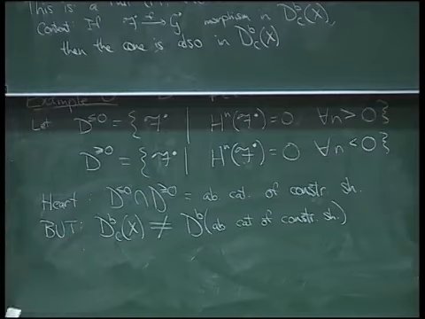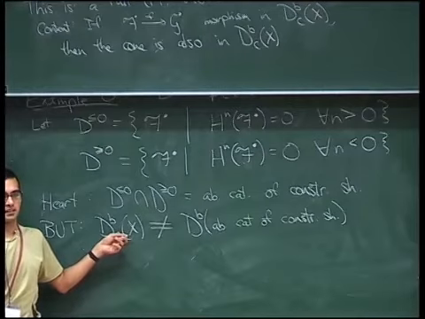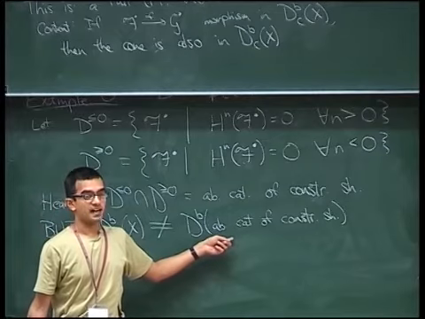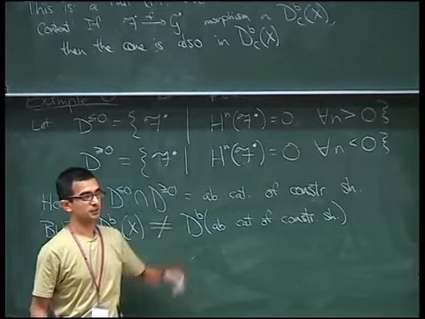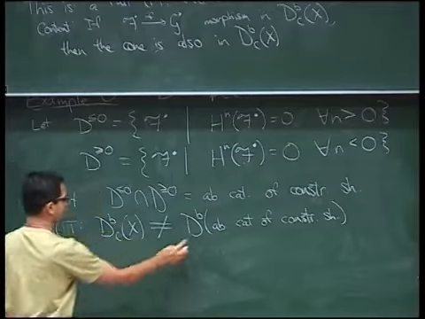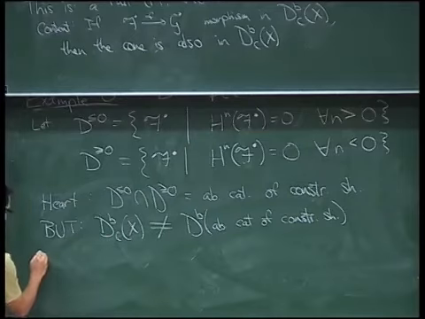Objects of DbcX are complexes of sheaves of vector spaces whose cohomology is constructible. Objects of the derived category of constructible sheaves would be complexes whose terms individually are constructible. So certainly any object in the latter category belongs to the former, but not the other way around.